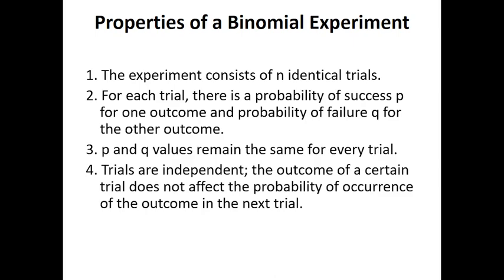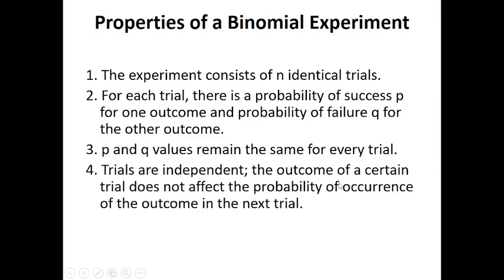The probability of a certain outcome to occur is not affected by the previous trial. That's why it's independent. That is true for all trials. It does not depend on the previous trials: the probability of the occurrence of a certain outcome in that trial.